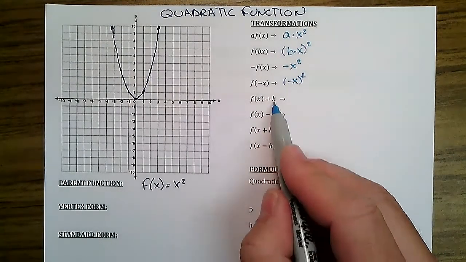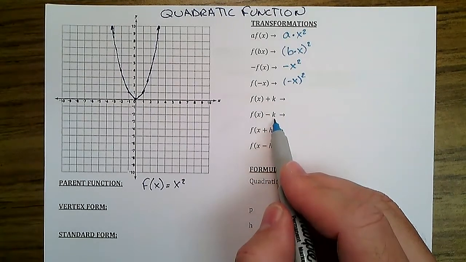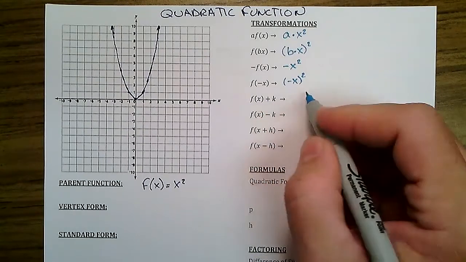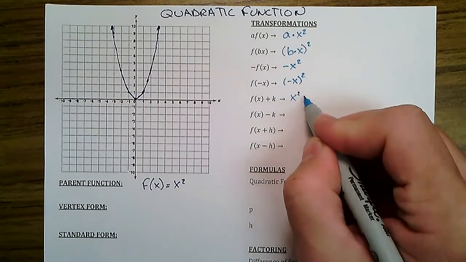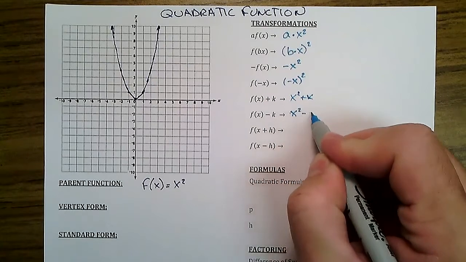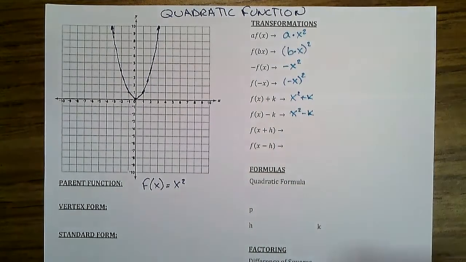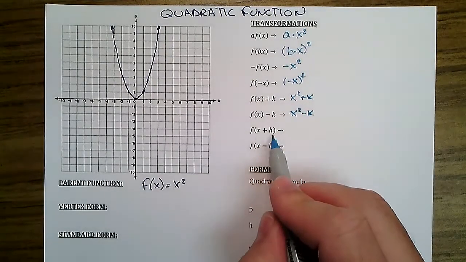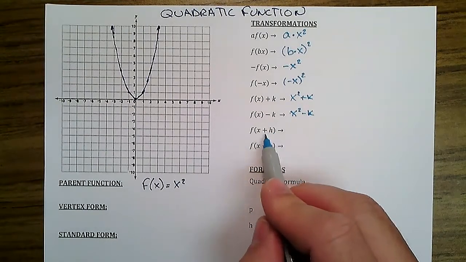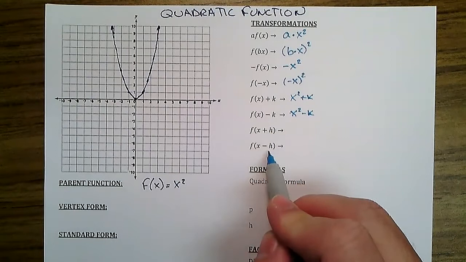Our k values are our vertical shift up and our vertical shift down. So since it's outside the parentheses, we're just going to tack it on to the end. Our h's inside the parentheses are our shift left by h, shift right by h.